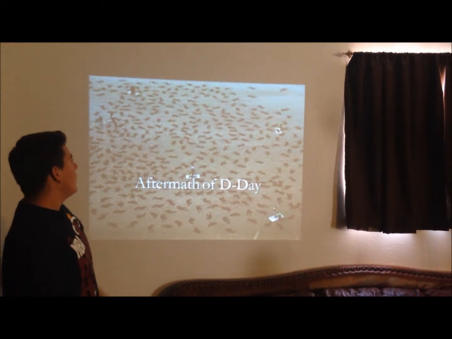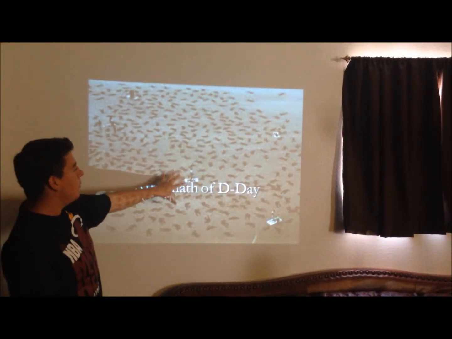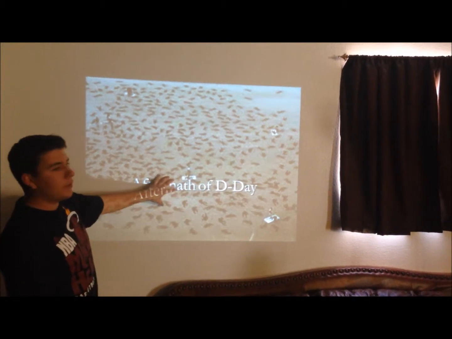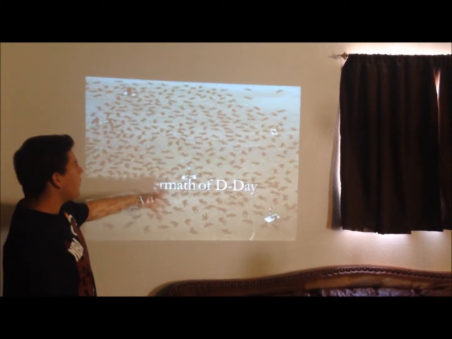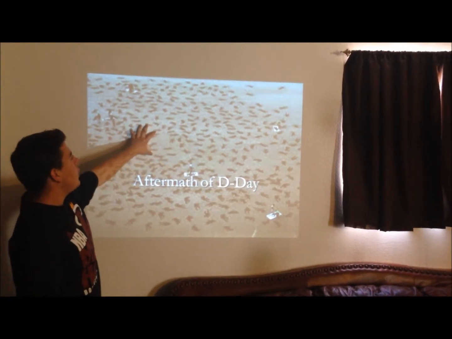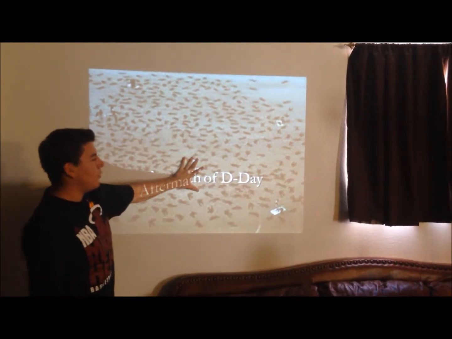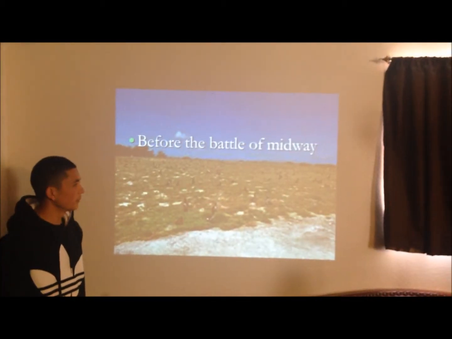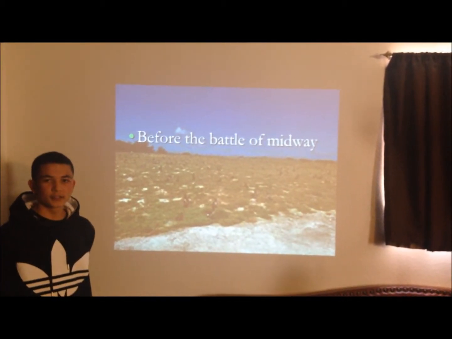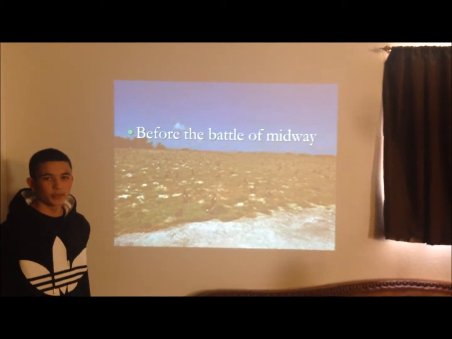Now, of course, this isn't the actual bodies, but these people have decided to signify what the aftermath of D-Day was by spray painting the shapes of dead bodies on the floor, so that people never forget what happened.